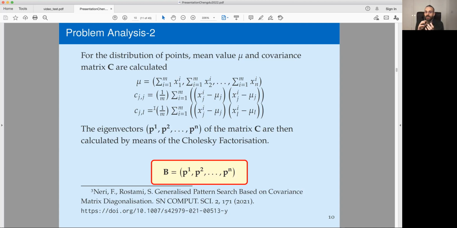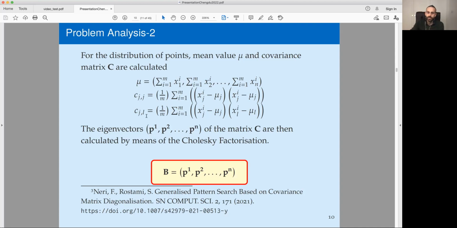So you can consider that we have got this matrix C, which has got one very interesting feature. It's symmetric. And when I have calculated this matrix C, I can apply one simple algorithm of numerical analysis, a numerical method, which is called the Cholesky factorization, which allows to calculate the eigenvectors of the matrix.